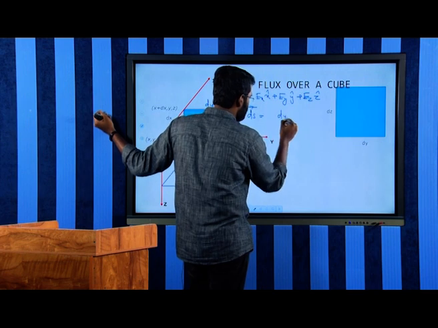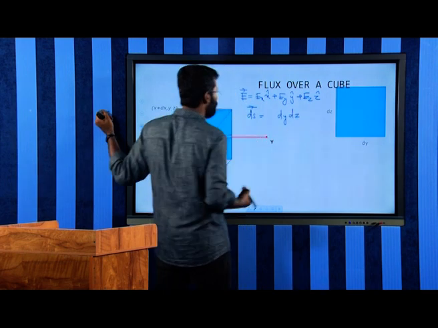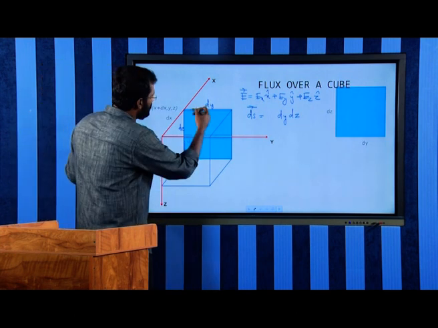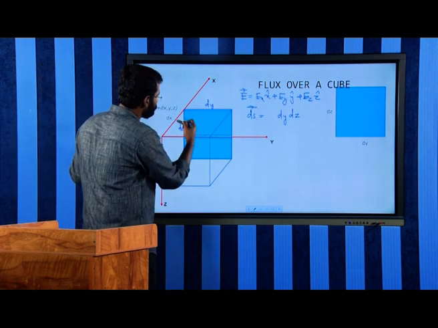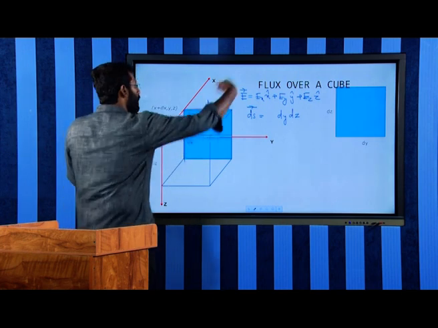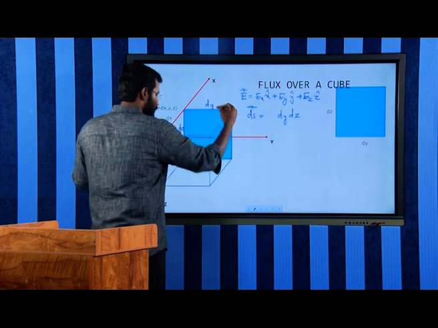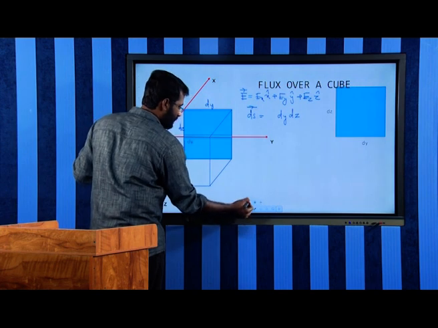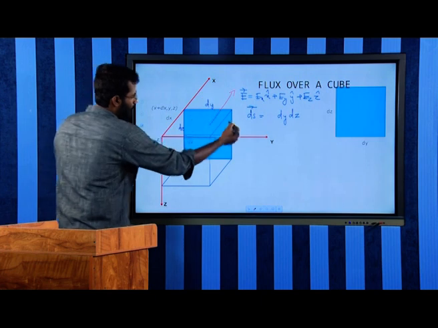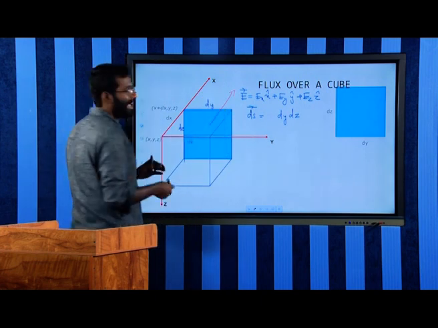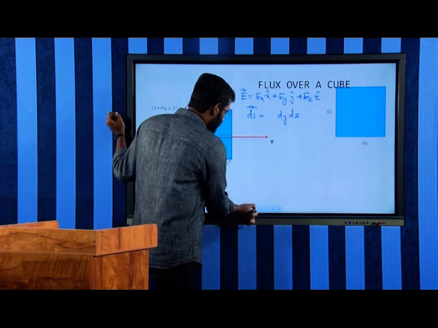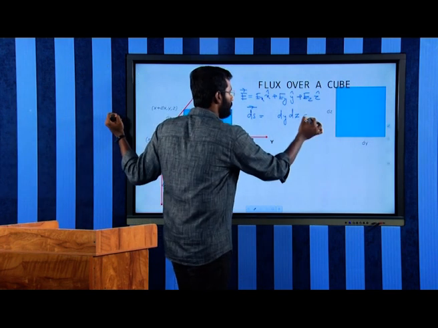Now, we need the direction of that area. We know that this is the back surface and it should be outward, that means it should go away from that plane, towards here. So, from the back side it should be along the x cap direction. So, ds has a direction along x cap.